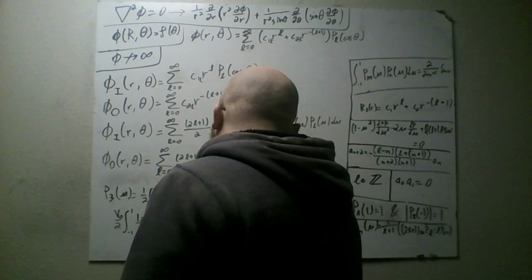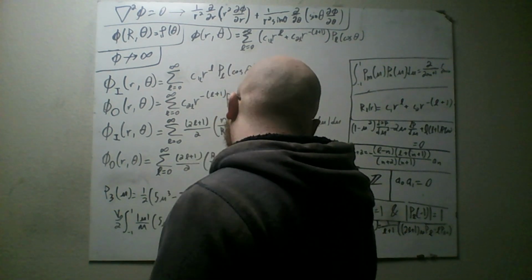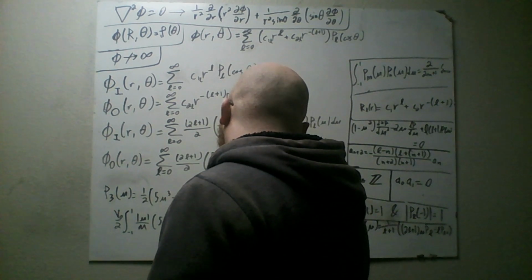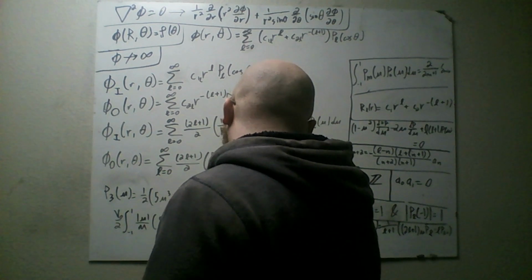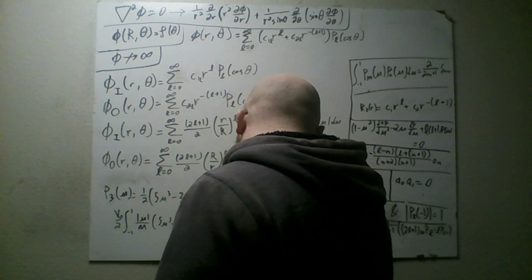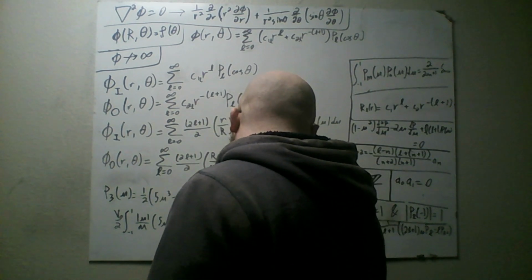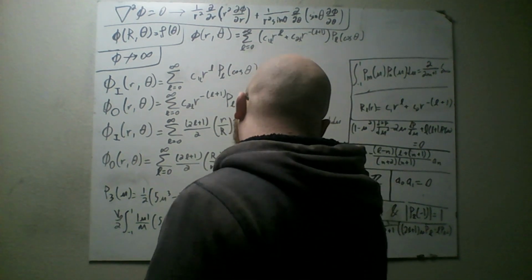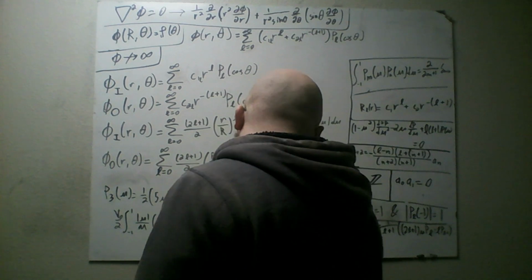This equals v naught times 5/4 minus 3/2, which equals negative v naught over 4.